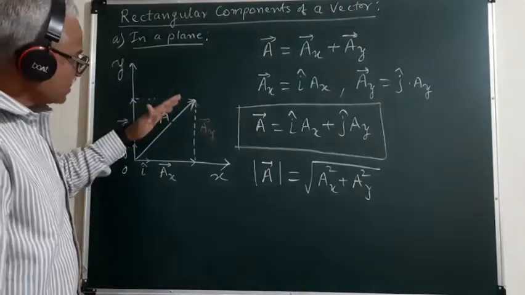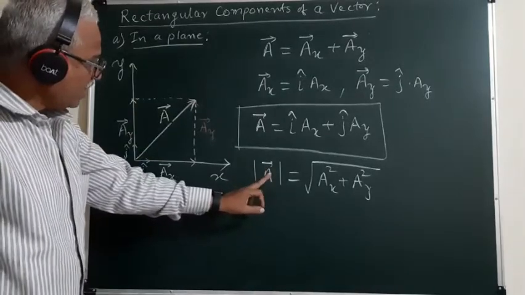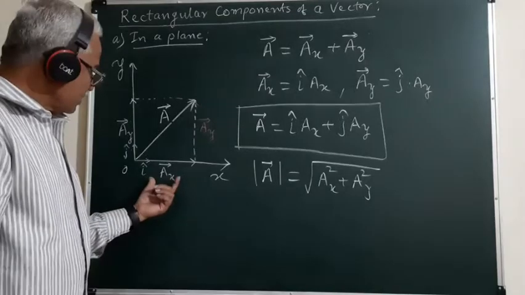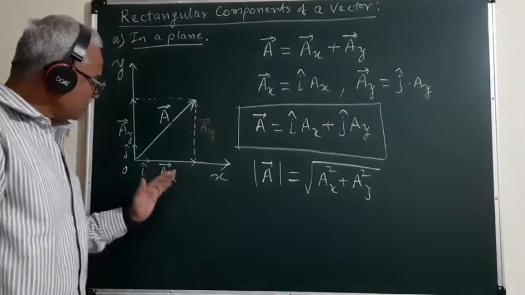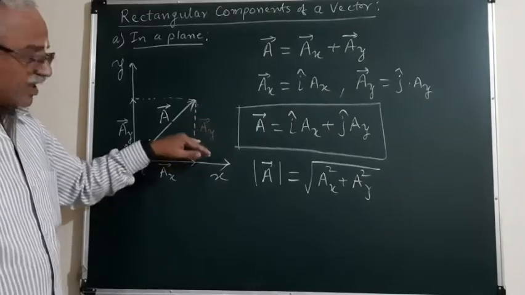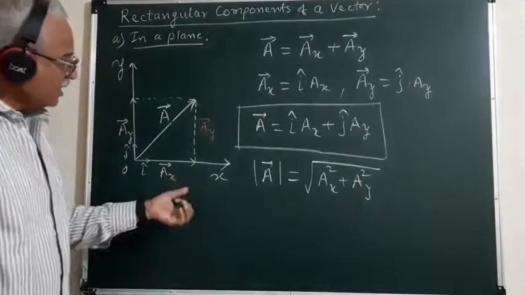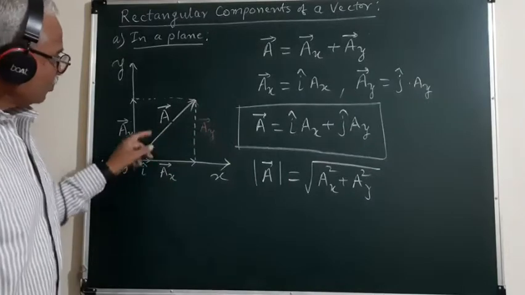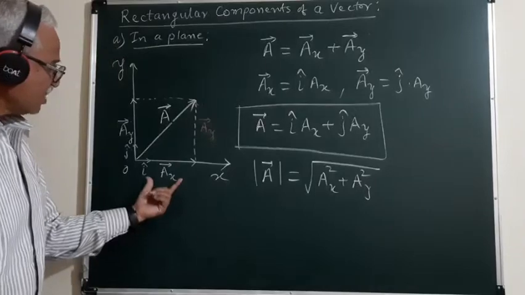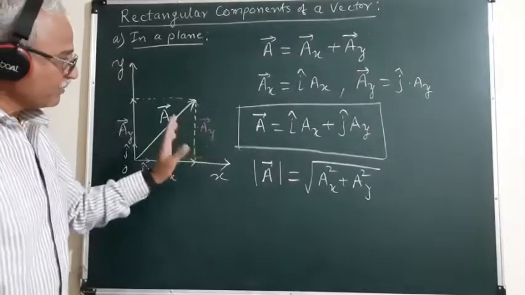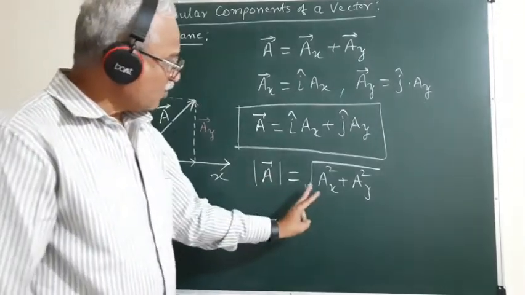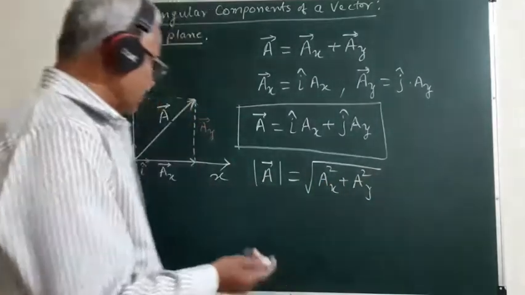So, if we consider mod a bar is the magnitude of vector a bar, mod ax bar is the magnitude of the component ax bar, and mod ay bar is the magnitude of the component ay bar, then in accordance with the Pythagoras theorem, mod a bar square is equal to mod ax bar square plus mod ay bar square. Which gives modulus of a bar is equal to under root of ax square plus ay square.